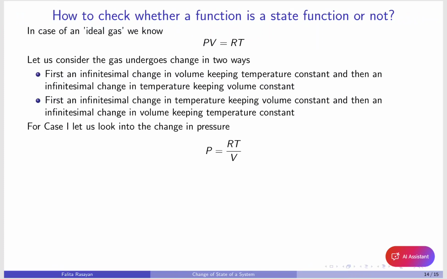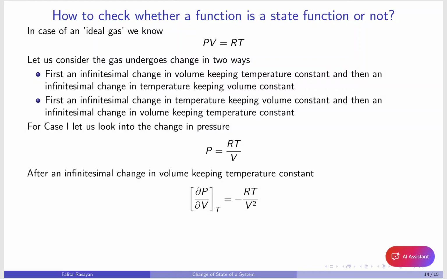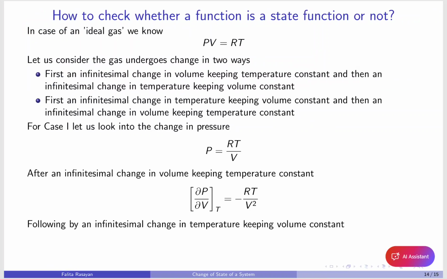For case 1, we can write P = RT/V. After an infinitesimal change in volume keeping temperature constant, we arrive at (∂P/∂V) at constant T = -RT/V². Following this by an infinitesimal change in temperature keeping volume constant, we arrive at ∂²P/∂V∂T, the second derivative, equal to -R/V².